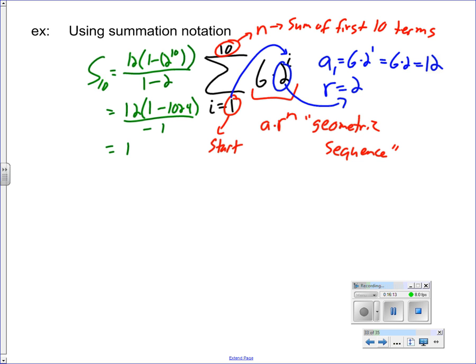Keep simplifying, it's going to be 12 times negative 1023 over negative 1. Here, the negatives will cancel out, so we'll just have 12 times 1023, and that gives us our final answer of 12,276.